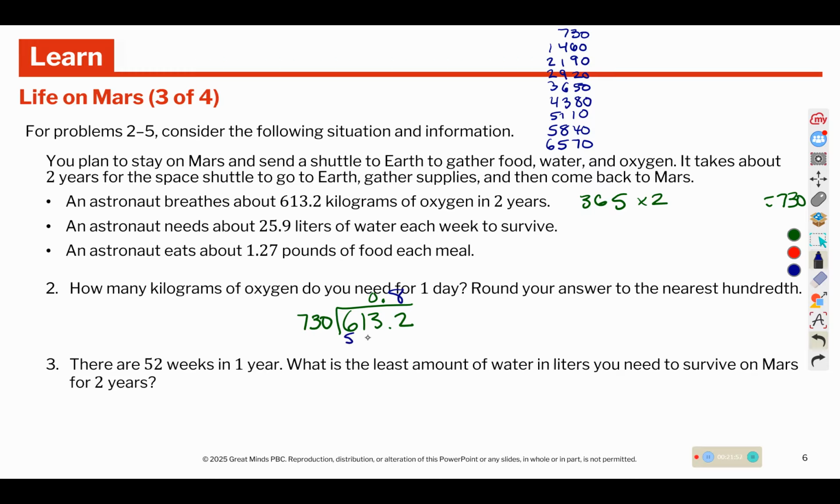That's 5,840. Bring down a 0. That's exactly 1, 2, 3, 4 of them. So there's going to be no remainder.